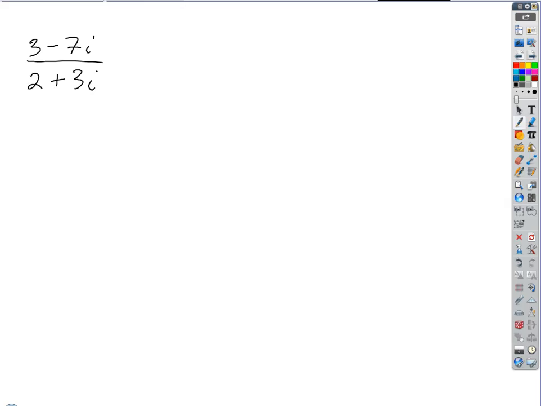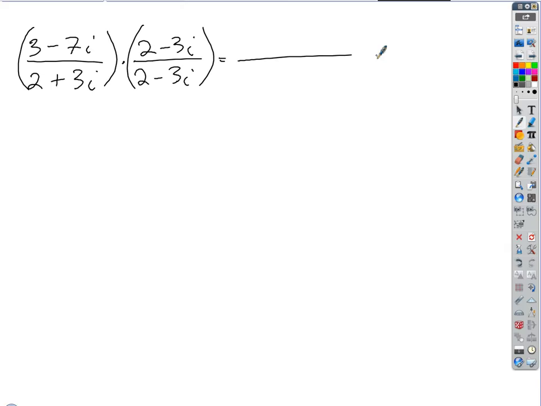Okay, so Everett, what am I going to multiply top and bottom by here? 2 and 3i. Good. The conjugate of the bottom, right? Complex conjugate of the bottom. Okay, top's going to be some work, but what about the bottom? Emma, what number am I going to get on the bottom? I'm going to get what squared plus what squared?